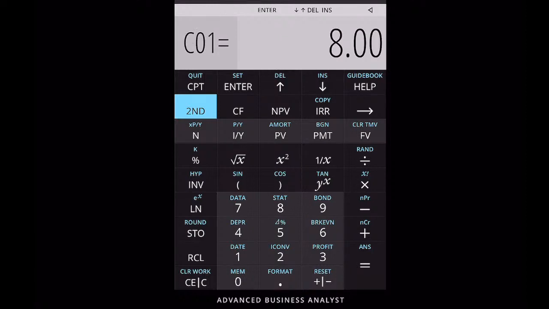So if I hit the bottom clearing screen key, that doesn't clear them because if I hit CF again to see the worksheet, it's still full. All right, so now you're going to want to clear that with the clear worksheet. So this is the same as for the statistical worksheet in the sense that I do the same operation. Second, clear work. Now it's gone. Once again, you have to be in the sheet to be able to clear it.